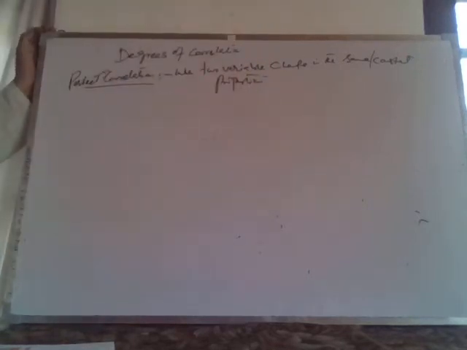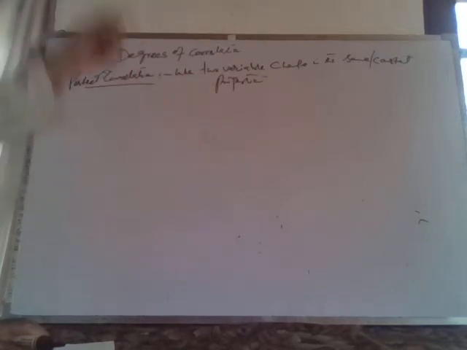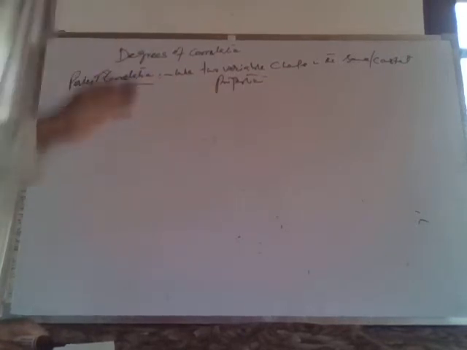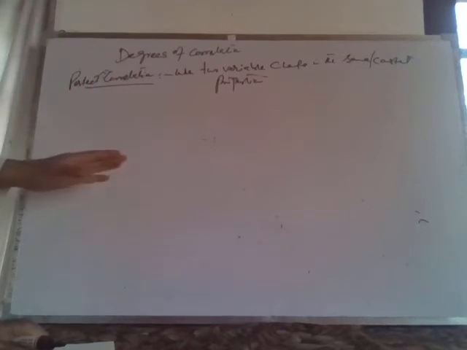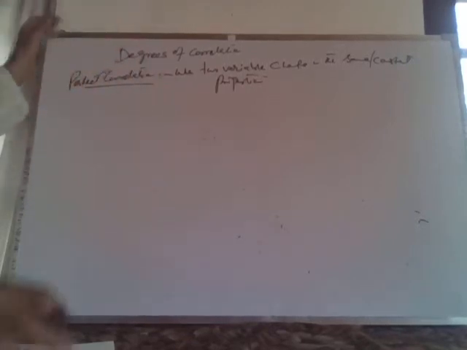When they change positively or negatively but in the same proportion, it is called perfect correlation.